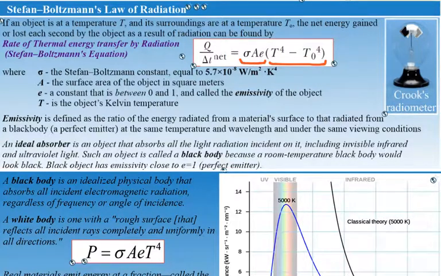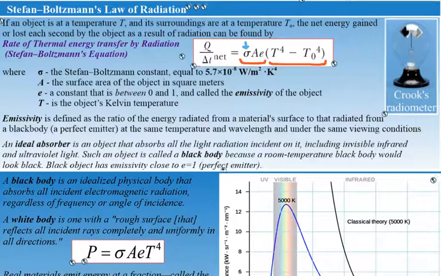So in this formula, you see the sigma sign, that is the Stefan-Boltzmann constant, 5.7 times 10 to the negative 8, and then you have the area, and then you have e, a constant between 0 and 1, called the emissivity of the object.